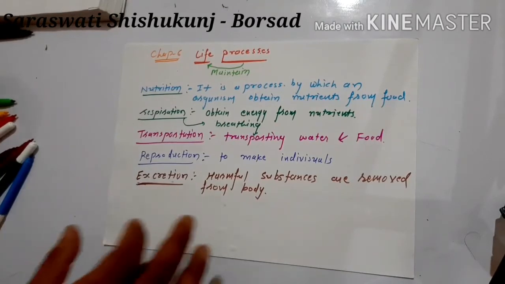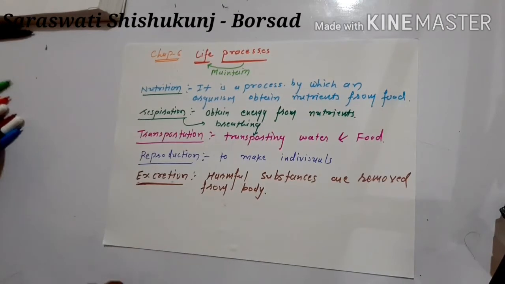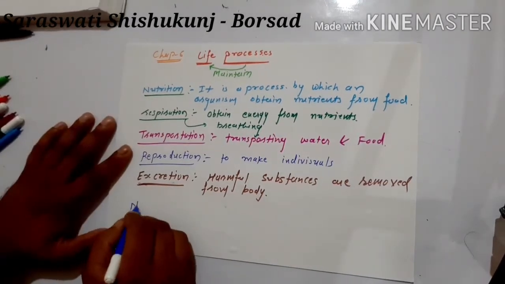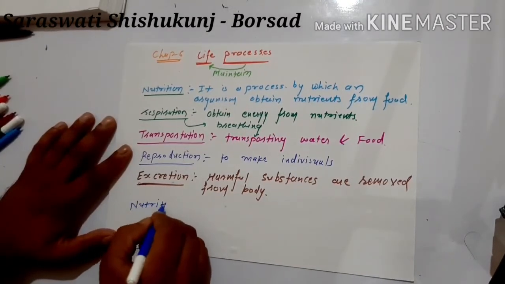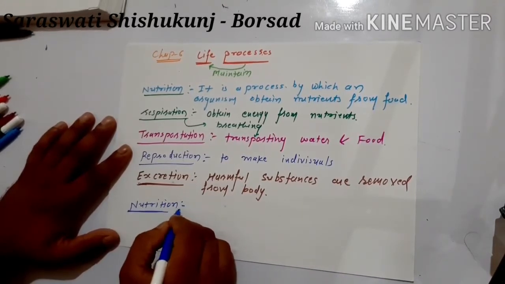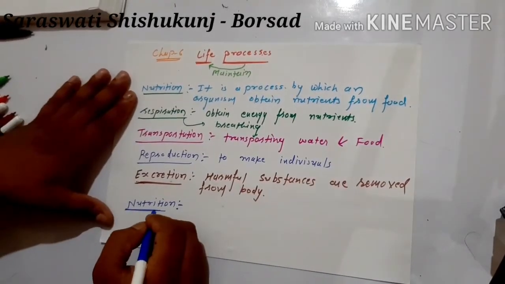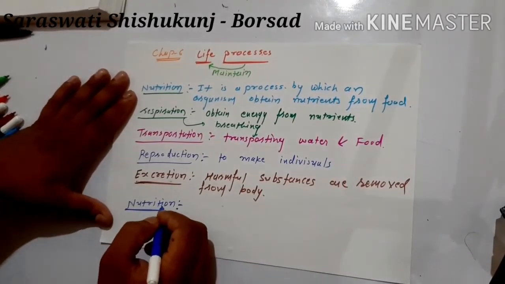Now, today's lecture is about nutrition, right? What is called nutrition and the types of nutrition. In that we are going to understand about the autotrophic mode of nutrition. As we discussed, what is nutrition, right?